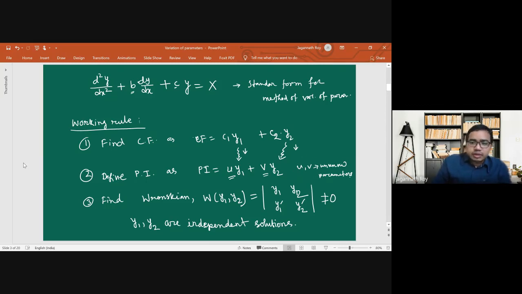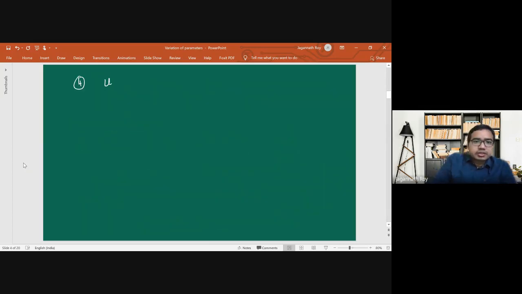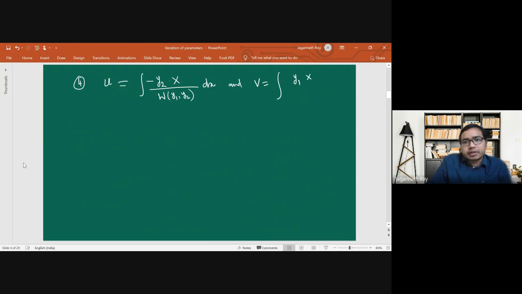So how do we get these unknown parameters? That is in the fourth step. U will be defined as negative integral of y2 into X divided by the Wronskian of y1 and y2, into dx, and V would be defined by the integral of y1 into X, the right hand side function, divided by the Wronskian of y1 and y2, into dx.